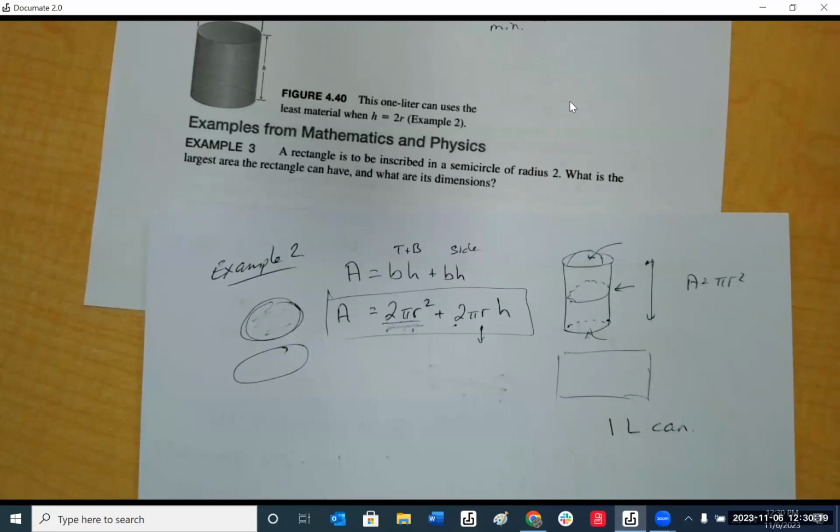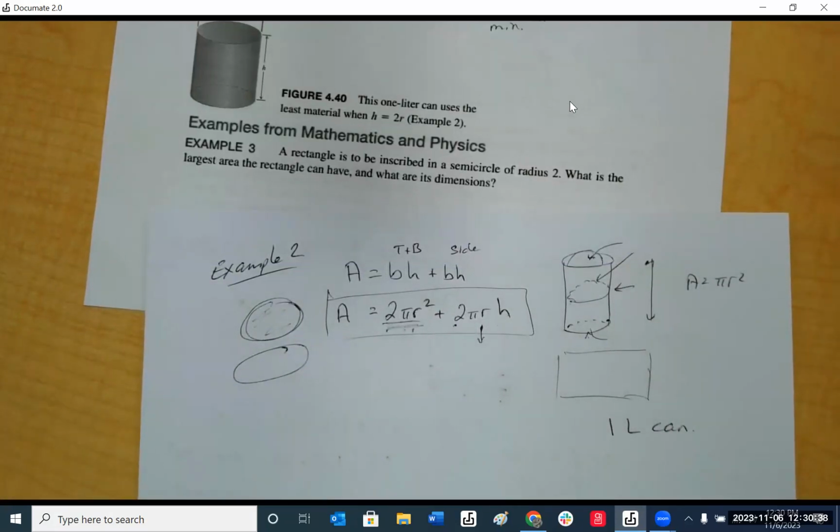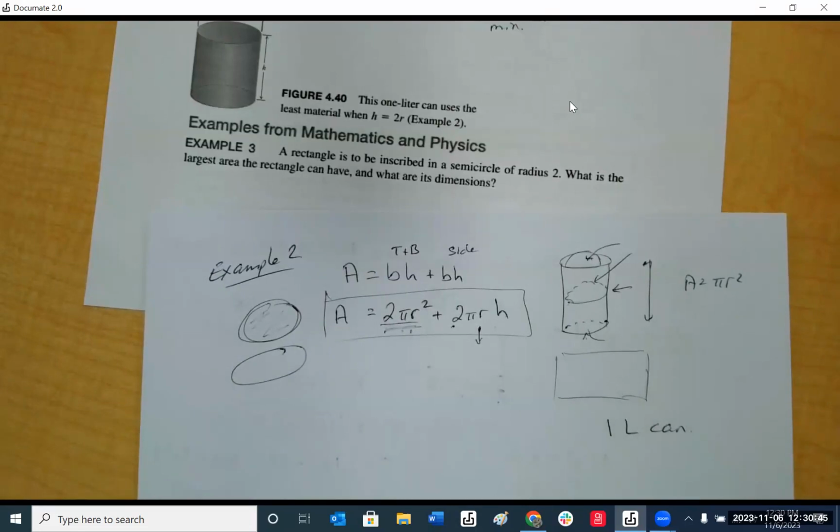Like how many ounces? Well, because we want dimensions, so it's got to be in something like, how much is the volume inside there? Because we have to set it equal to something, so it's got to hold that much.